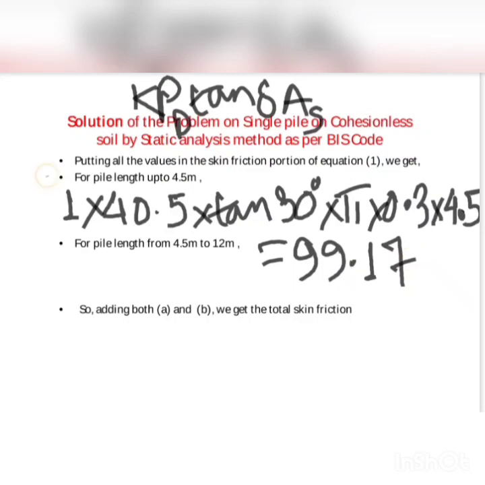So for a pile length up to 4.5, you find this value as 99.17. 1 is the K, 40.5 is the effective overburden stress till 4.5 into tan 30 degree into pi into 0.3 into 4.5. This is the pi d l portion. So you find it 99.17 kilonewton.